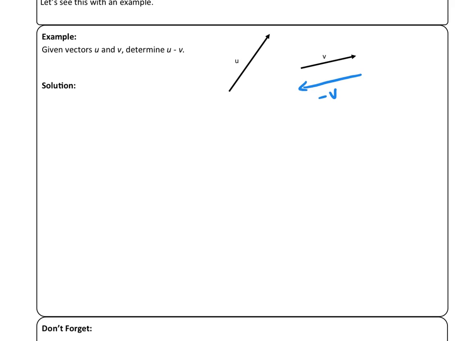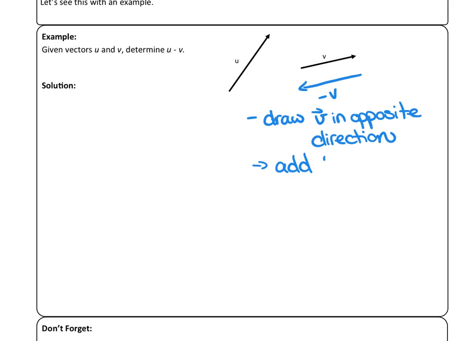So then the step is to draw v in the opposite direction. And then we're just going to add, like in the previous lesson.